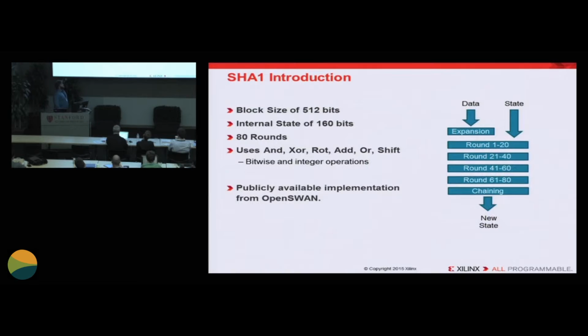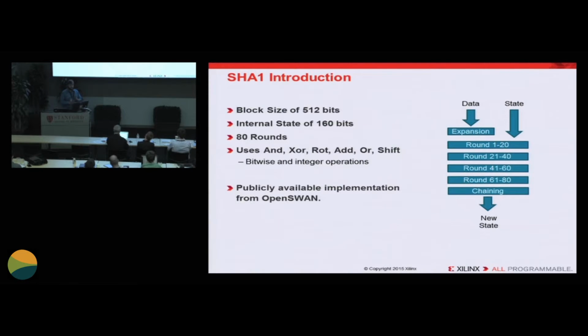So a little bit about SHA-1. SHA-1 is a relatively old algorithm. It's been around since the 90s. It basically takes a 512-bit block and turns it into a 160-bit secure hash. It starts off with 512 bits of data coming in and a previous state coming in.